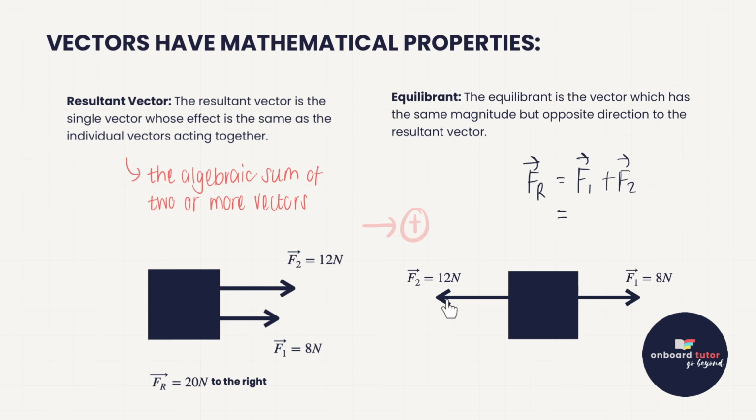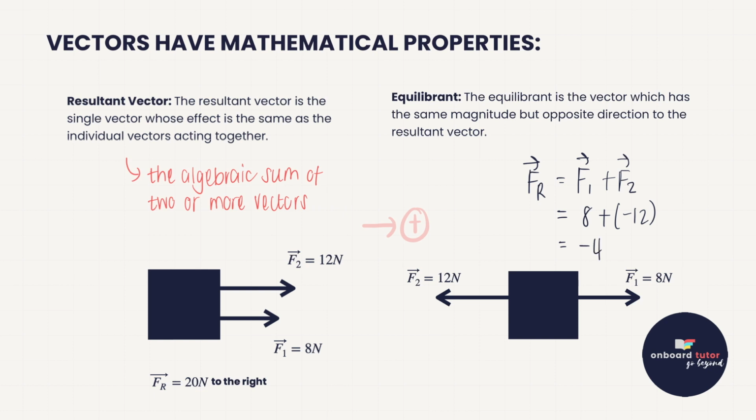And remember, in our previous slide we saw that negative vectors indicate that that vector is going in the opposite direction. So that means that we would now substitute a negative 12 in the place of F2, which if we do the math here, we will see that we have 8 minus 12, because a positive times a negative gives us an overall negative, leaving us with a negative 4.